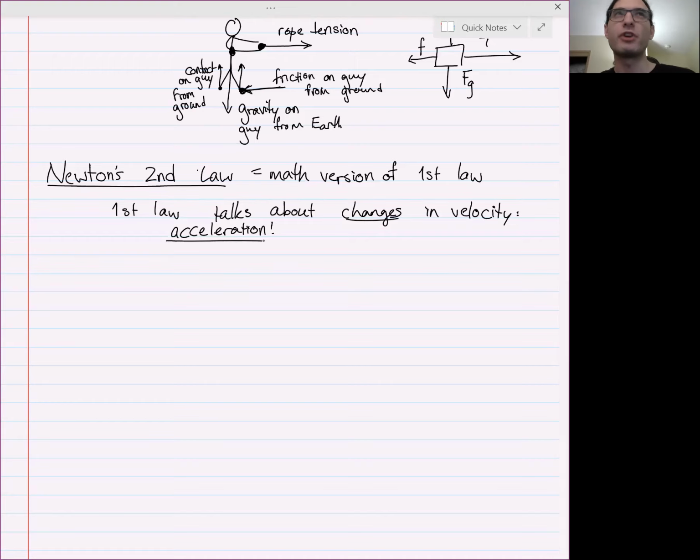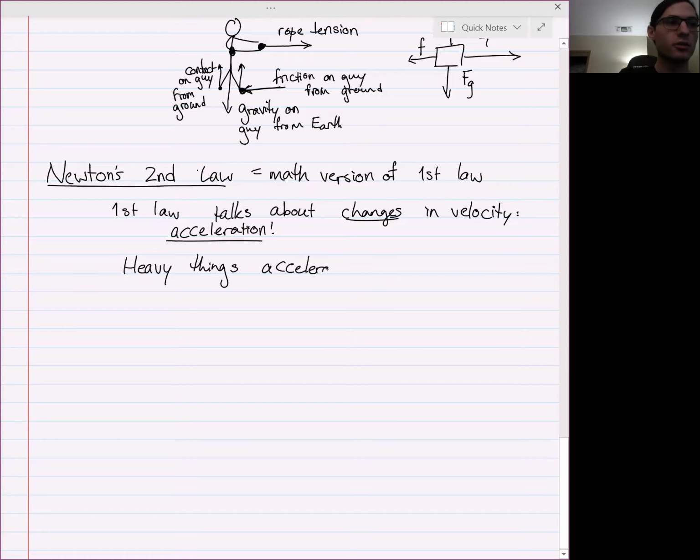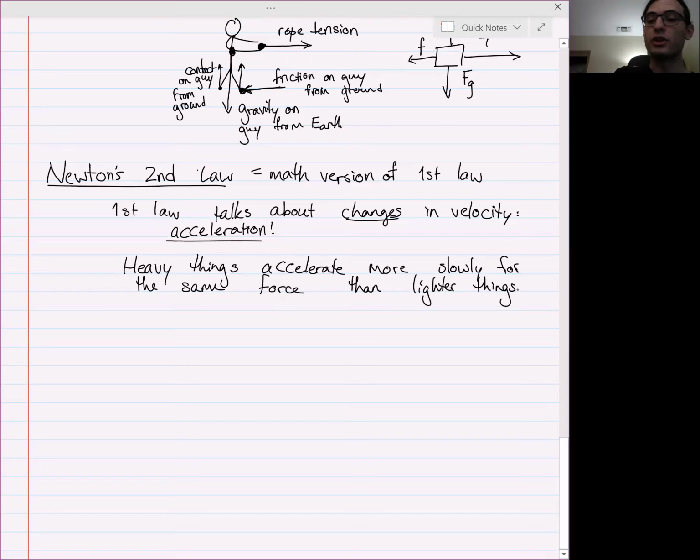We need to be able to figure out how much things accelerate, though, given a certain force. And we should have some intuition. Heavy things accelerate more slowly for the same force than lighter things. So what did Newton conclude?